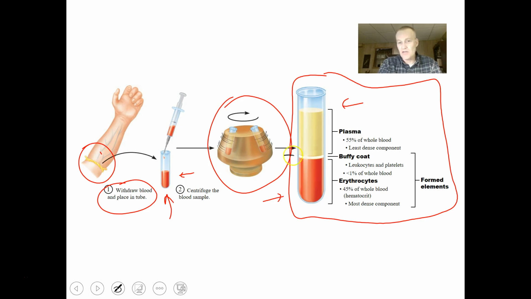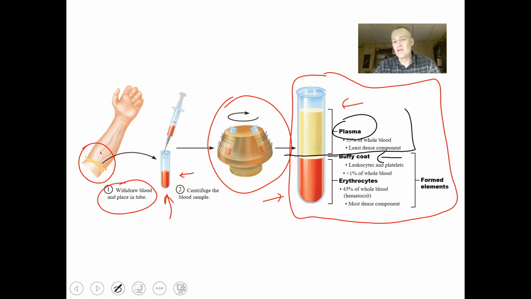We can see a straw-colored layer here that makes up what we call plasma. 55% of your whole blood is going to be plasma, the liquid portion of your blood. Suspended in that liquid will be proteins, electrolytes, gases, nutrients, and then, of course, the main component is water. There is a smaller divide between the plasma and the erythrocytes, and that's called the buffy coat.